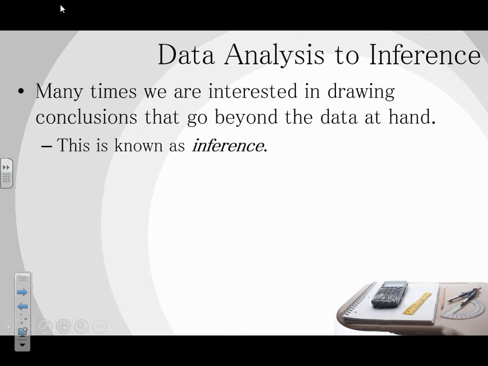The last one, inference. This is like the goal of statistics. With statistics, what it boils down to is we take samples. We take little pictures, snapshots of an entire population. We gather information on that little snapshot, and we get the information we need for that sample.